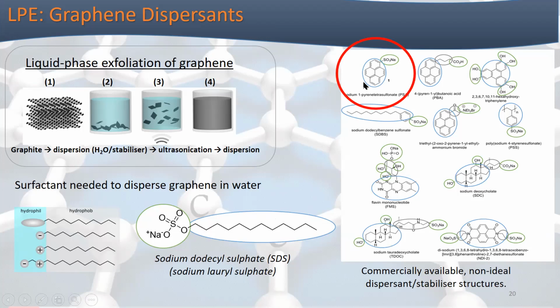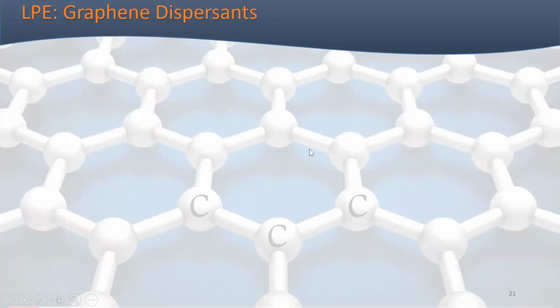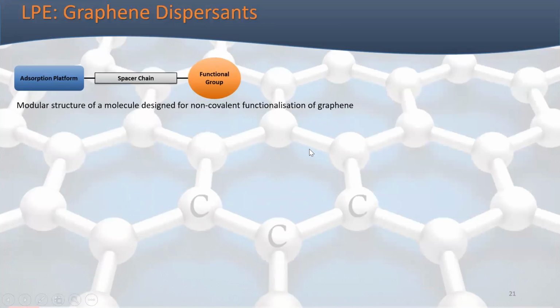Pyrene 1-sulfonate is one of the most frequently reported small molecule stabilizers in the literature. In my group, we built a modular structure of a molecule designed for non-covalent functionalization of graphene.